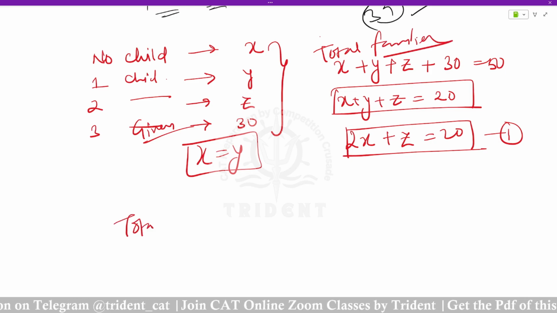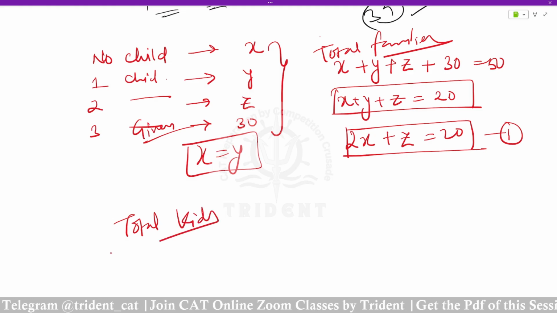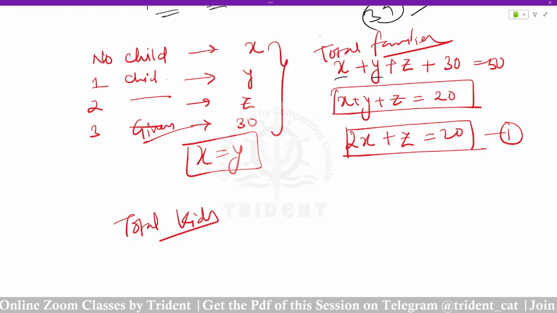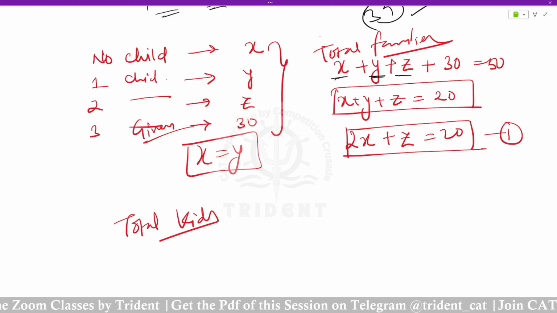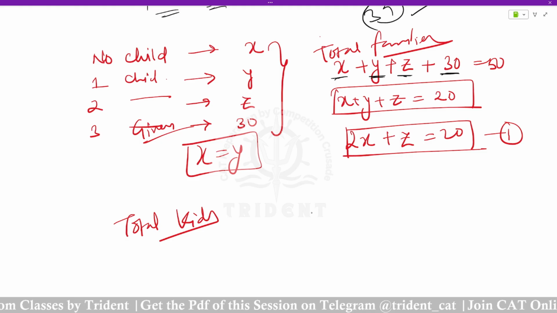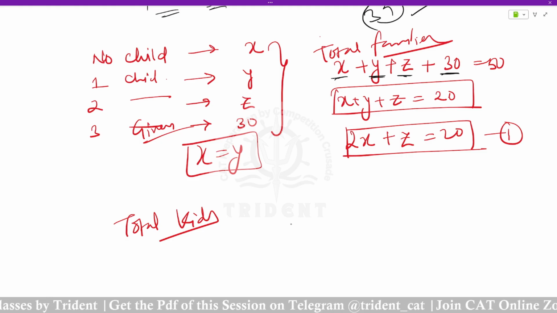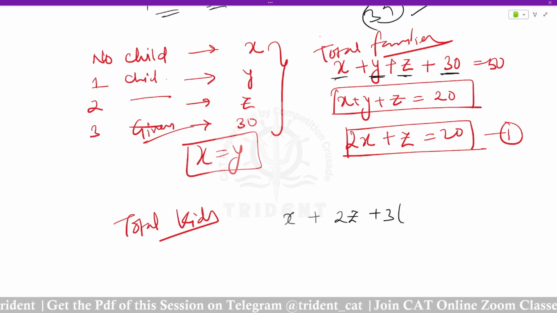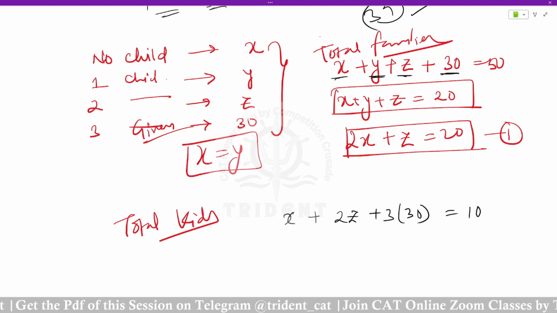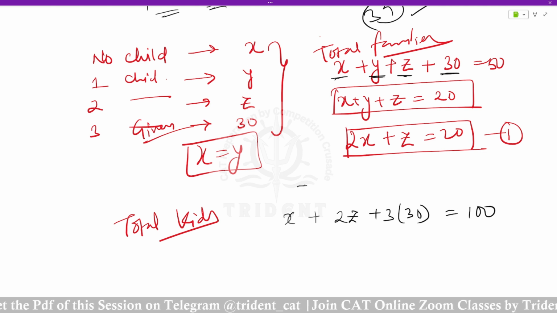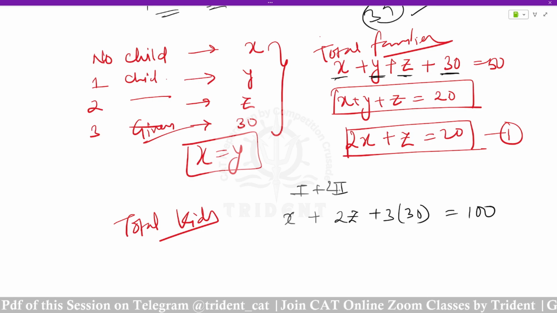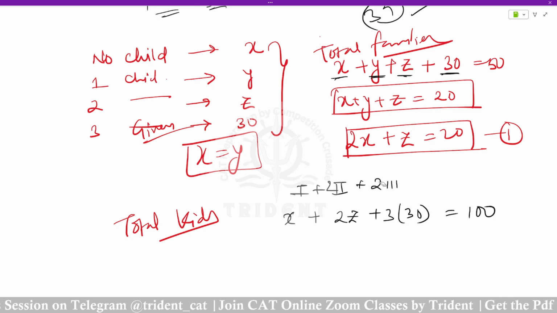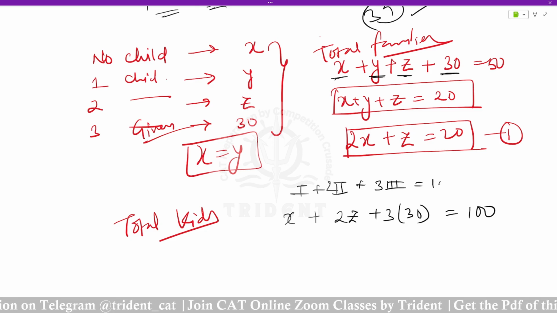Now we are doing for total kids or children, whatever you want to call it. Exactly 0, exactly 1, exactly 2, exactly 3. So we will be having x plus 2 times z plus 3 times 30 is equal to 100. Remember, मैं यहाँ पे ऊपर लिख रहा हूँ exactly 1 times exactly 1, 2 times exactly 2, and 3 times exactly 3 is equal to 100.